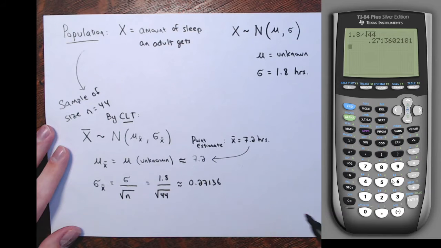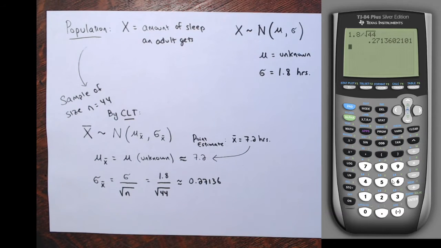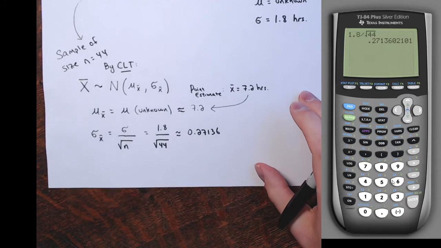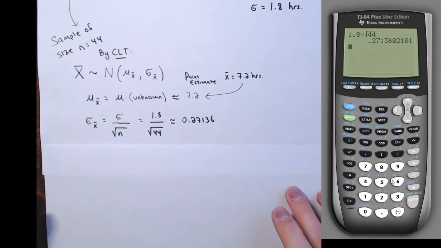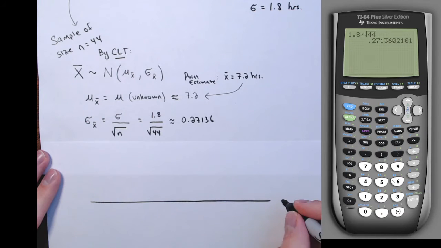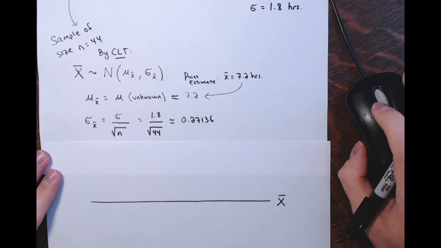And I should be able to draw a picture then of the distribution of these sample means, these means for groups of size 44 adults. So let's say this number line represents possible values of the sample means, the mean sleep times for groups of size 44.